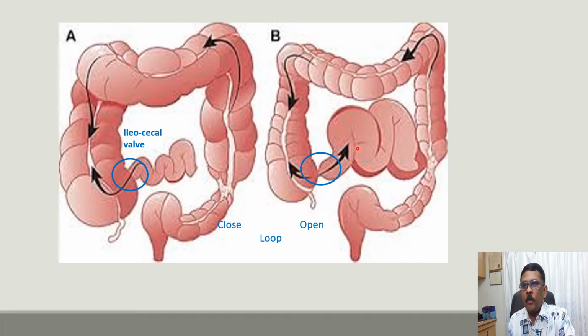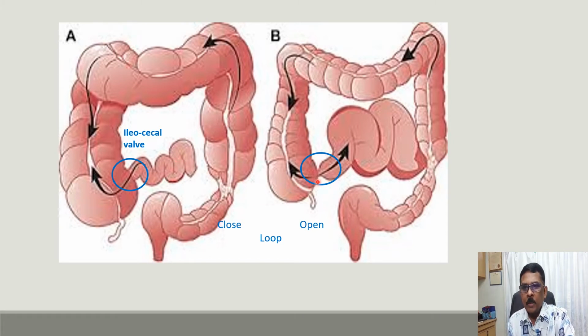When you do an X-ray in a closed loop obstruction, the cecum will be grossly distended. The sigmoid colon distal to the obstruction will be collapsed, and the small bowel will not be distended.